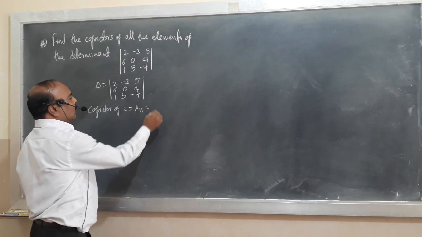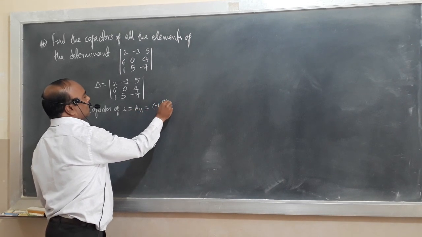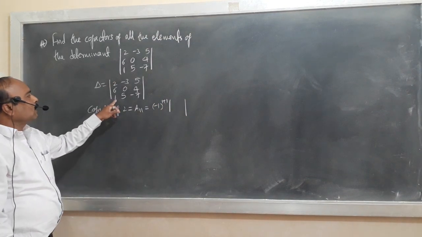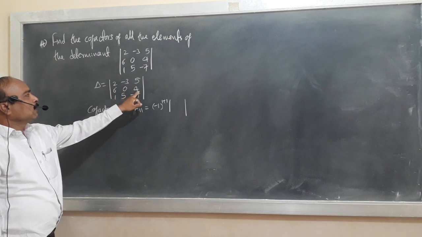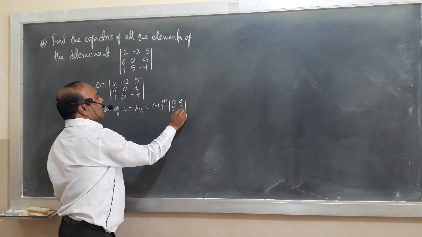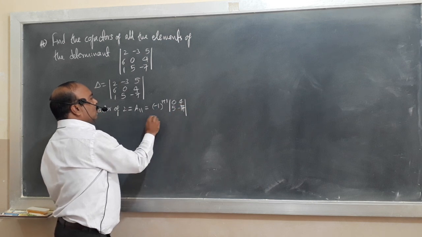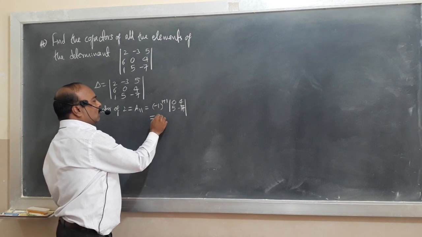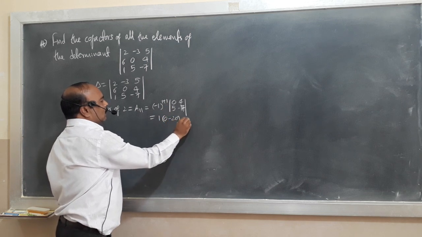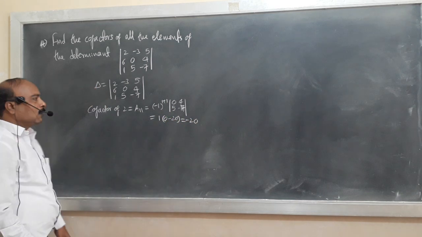It is given by (-1) power 1+1 into the minor. The minor of this element, deleting this column and this row, is 0, 4; 5, -7. So this is equal to (-1) power 2, which is 1, into (0 - 20). It is equal to -20.